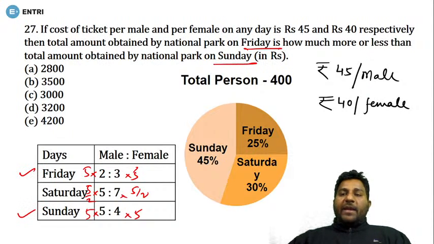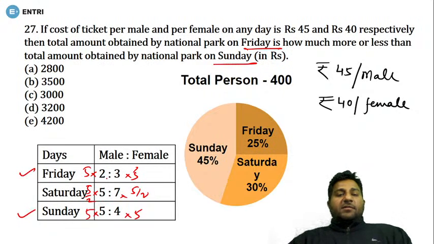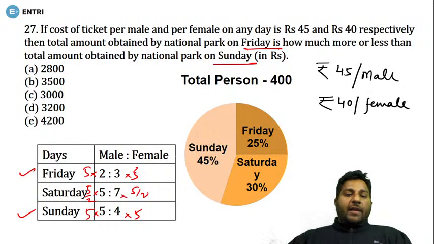Okay. So male has 45 rupees per male. So 15 and the difference between 10 and 25. If you're comparing this data, you are getting all the value. 10 and 25, the difference will be 15. Okay, 15 with 45. And 15 and 20 will be 540. So let's multiply it. 200.